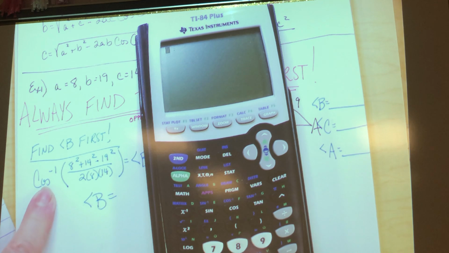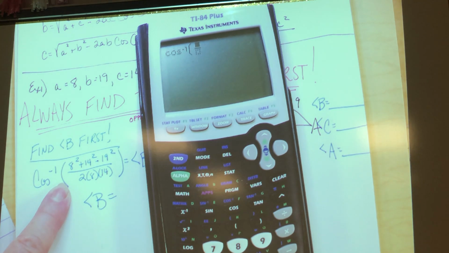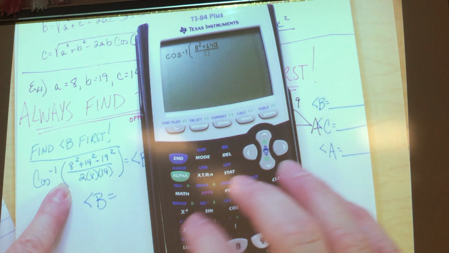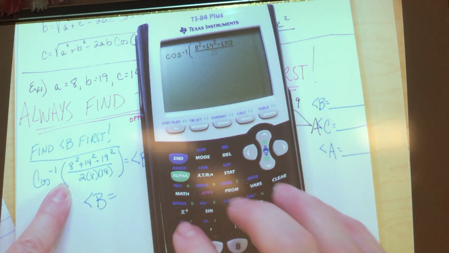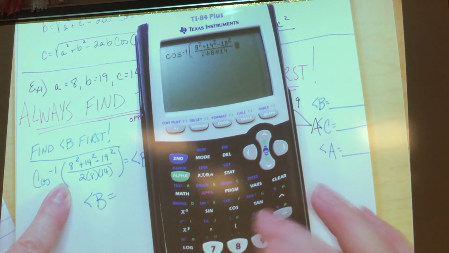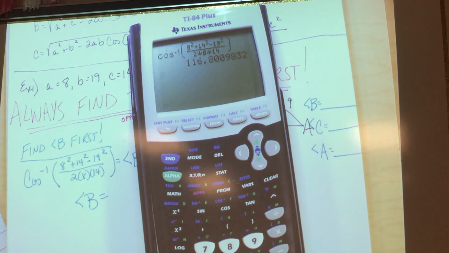Then I will go inverse cosine, second and cosine. I'm going to get a fraction. On the top, I will say 8 squared plus 14 squared minus 19 squared, all over 2 times 8 times 14. Angle B is 116.8. Anybody got a question?